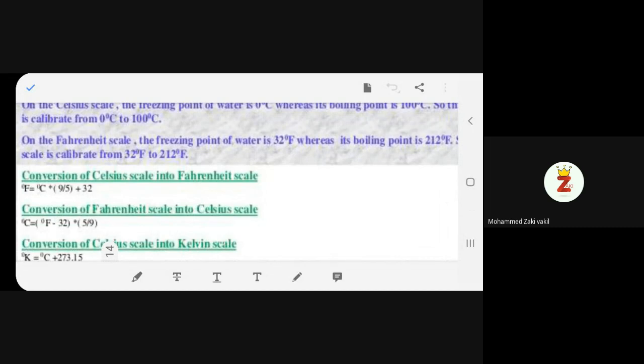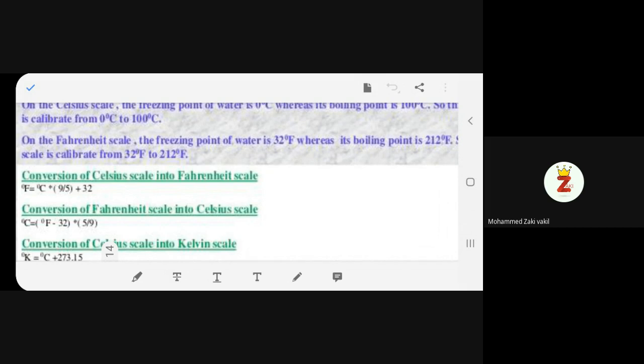Conversion of Celsius scale into Fahrenheit scale: degree Fahrenheit is equal to degree Celsius times 9 upon 5, plus 32. Conversion of Fahrenheit scale into Celsius scale: degree Celsius is equal to degree Fahrenheit minus 32, times 5 upon 9.